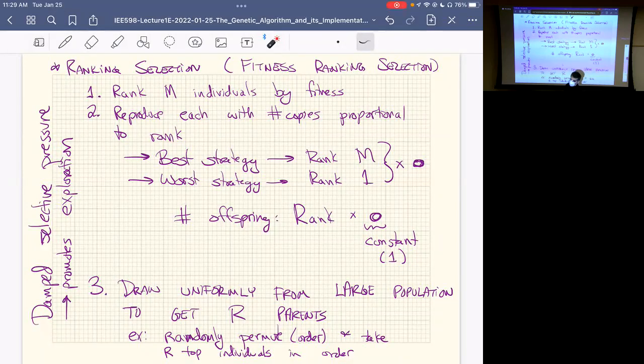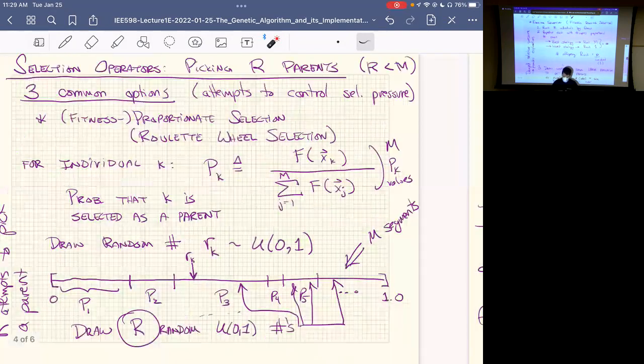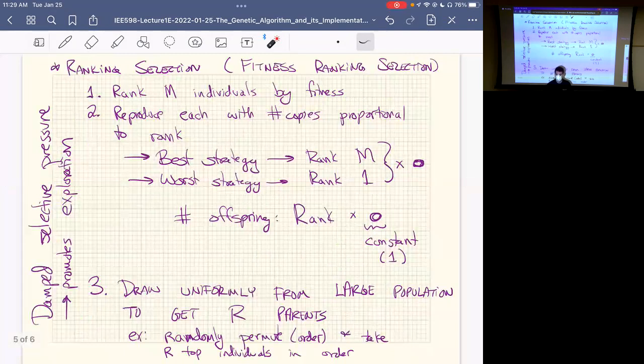Right, so the question was how this relates to other terms you can see in the literature, about elites, for example, and we will talk about that as we get into more sophisticated GAs for multi-objective optimization. In this GA, the R parents are a form of elitism, in that we're keeping those around.